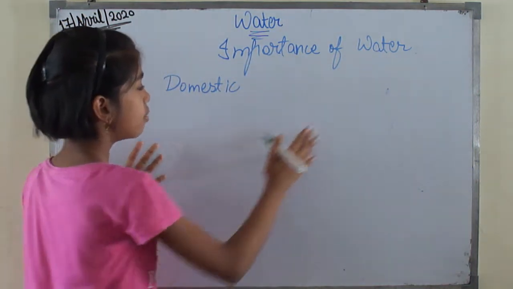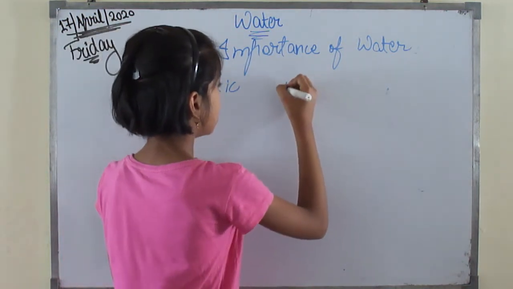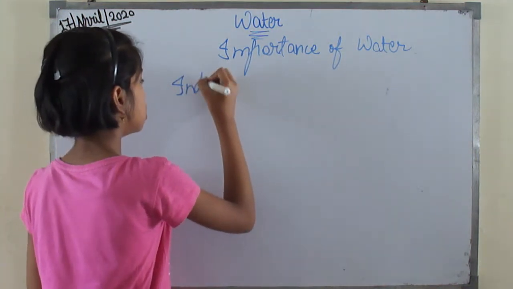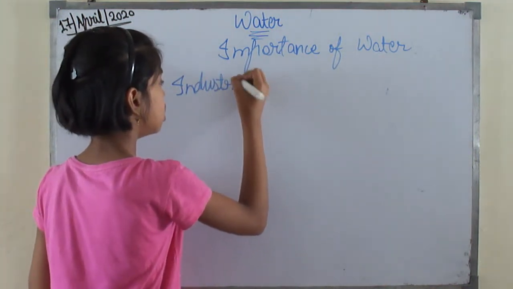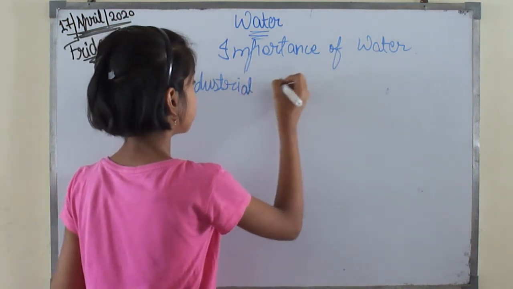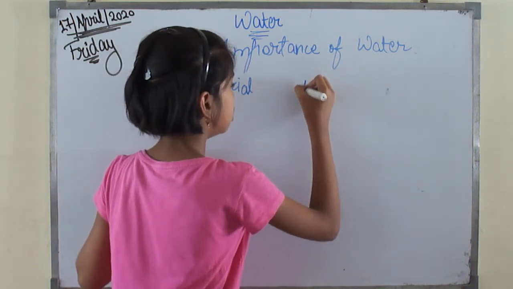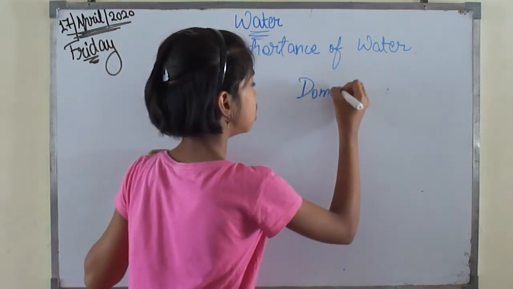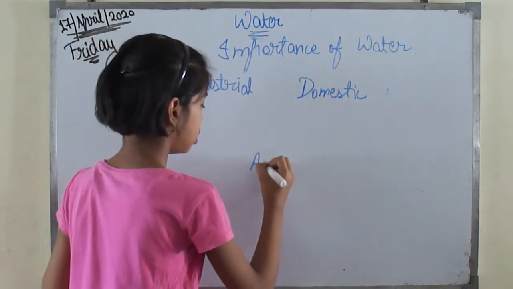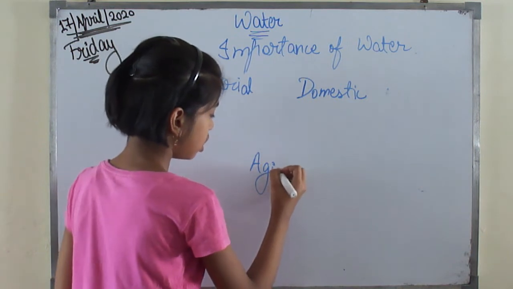So what if I compare this domestic and that agriculture or industrial uses of water? Then the domestic uses of water, and then the agriculture. The agriculture uses water also.